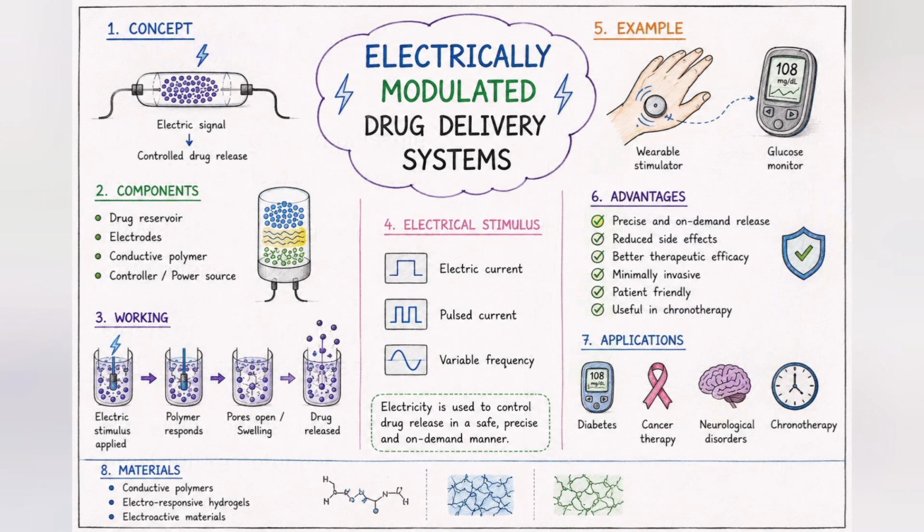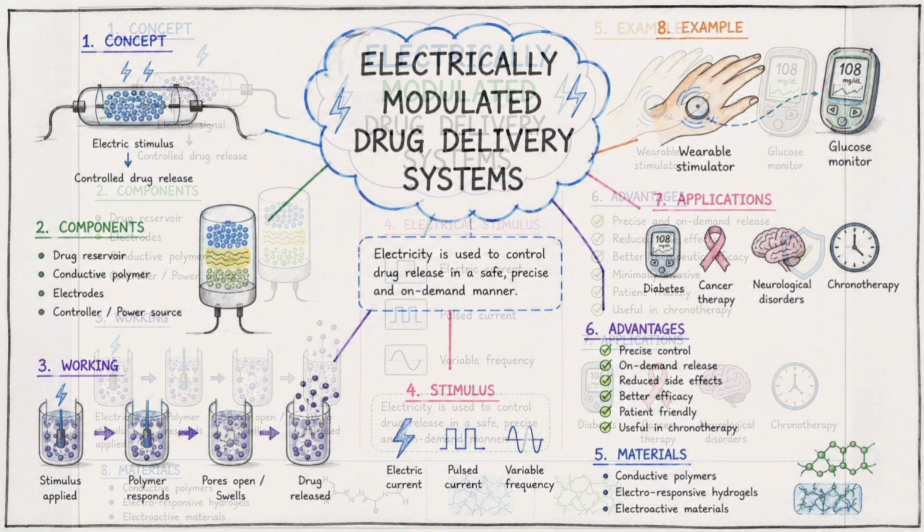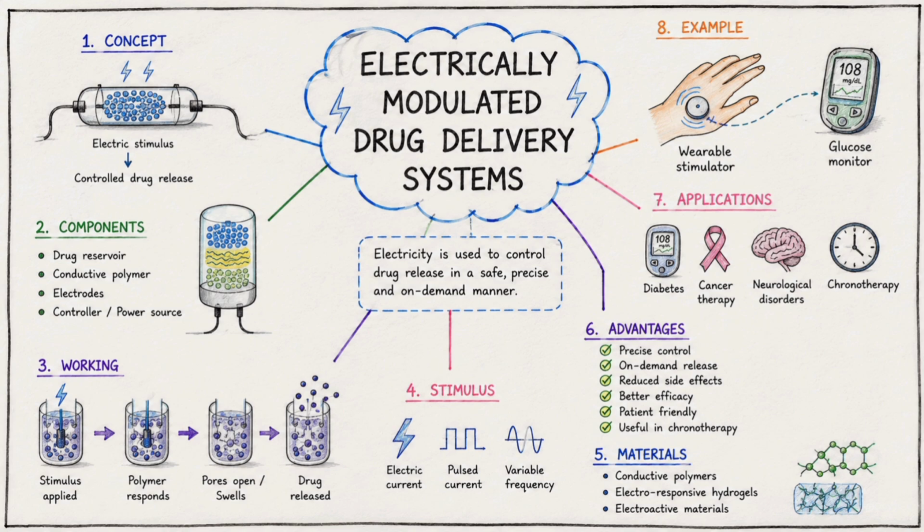Now let me show you how to prepare a beautiful handwritten poster. Take an A3 white chart paper. Write the title at the top using colorful sketch pens. Draw an electrical pulse and a capsule on the other side of the title. Create 4 main sections. What is it? Write only 3 or 4 simple lines. Principle: draw electrodes, electrical signals, a capsule, and an arrow showing the drug release process.